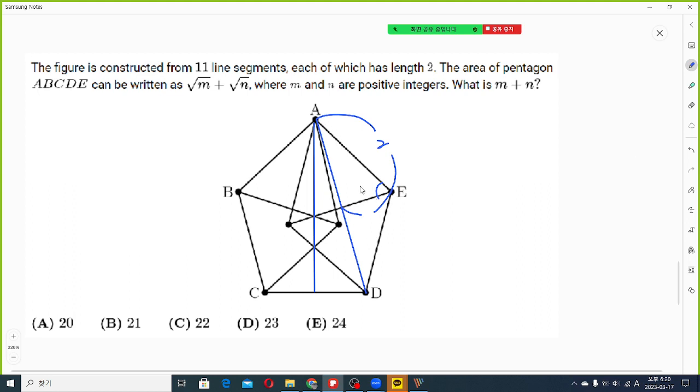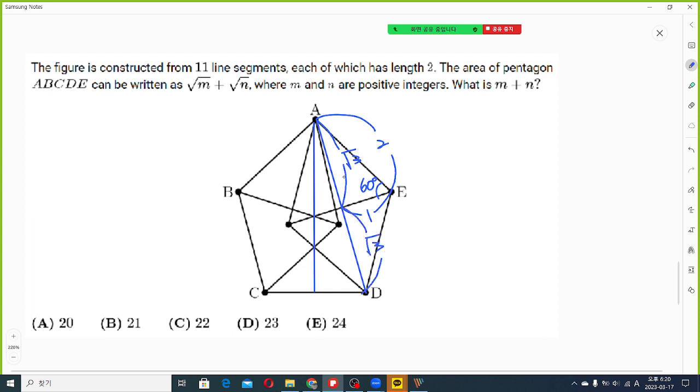We are using the special right triangle here. Half of an equilateral triangle means 30. The height of the triangle, using the Pythagorean theorem, is the square root of 3. So this one is also the square root of 3.